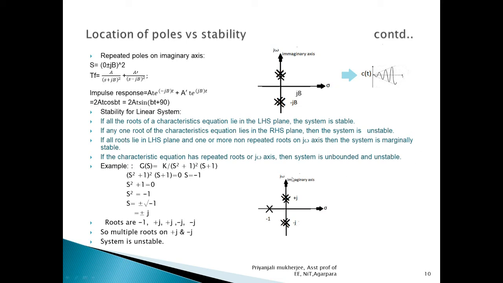There are two poles at the plus j location and the minus j location. As there are repeated roots on the j omega axis, the system will be unstable. So in this way, we can check the stability of the system by finding the pole locations of the system.